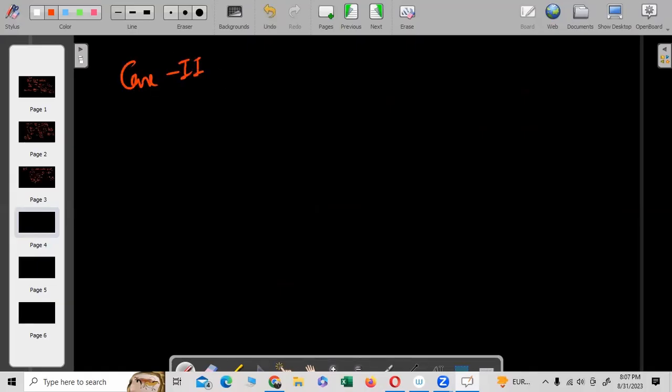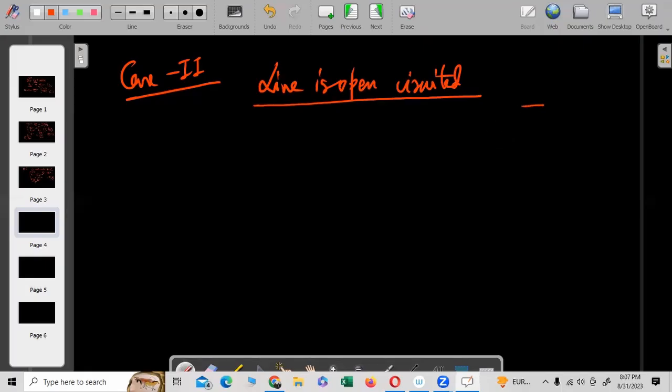Now case 2: the line is open circuited. What is the meaning? Open circuited means the load end is open. Then ZL is nothing but infinity.